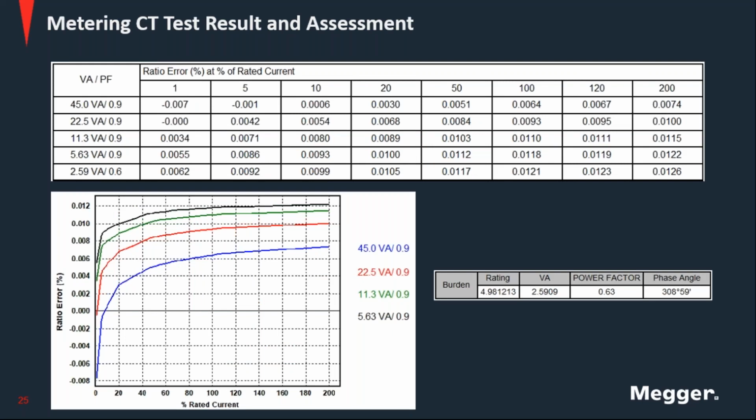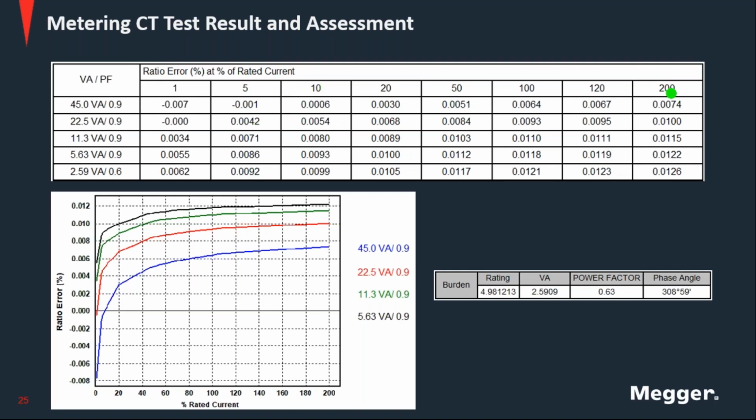Now, in this table, we can see the ratio error at different rated currents for different loading conditions. So this is the real part of the ratio, and it is looking at the magnitude, how the magnitude will be affected as the load increases.